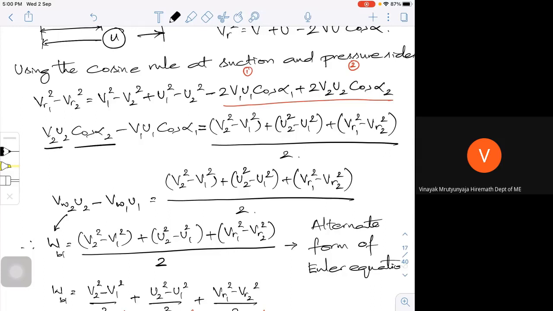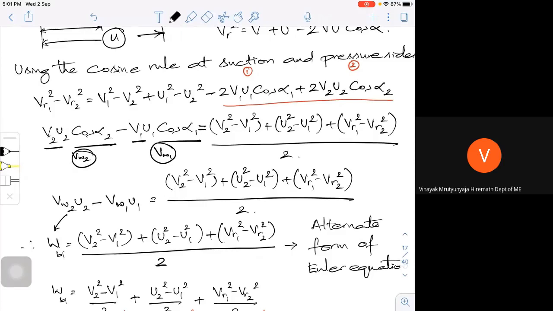This is VW2. So, this is VW1, which we have already seen: cos alpha 1 is equal to VW1 by V1. So now I'm going to write this as VW2 into U2 minus VW1 into U1, and to the right-hand side I'm writing all the components.